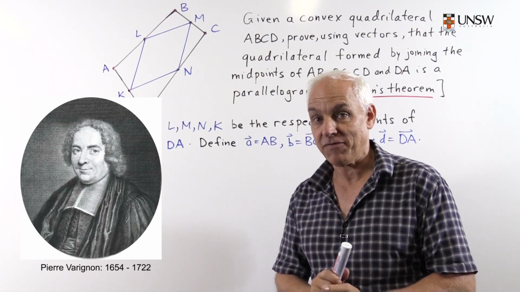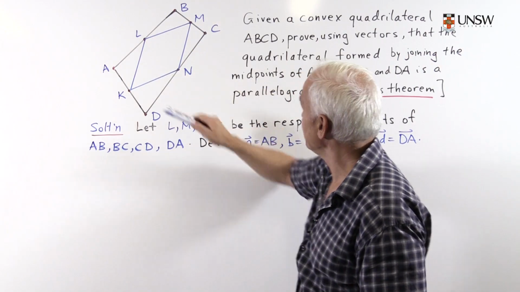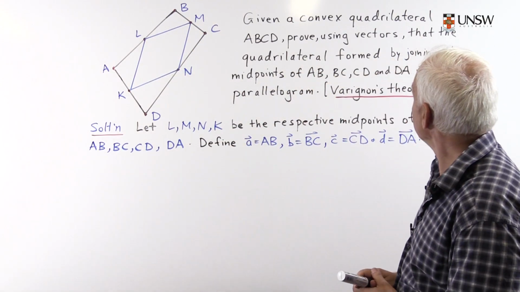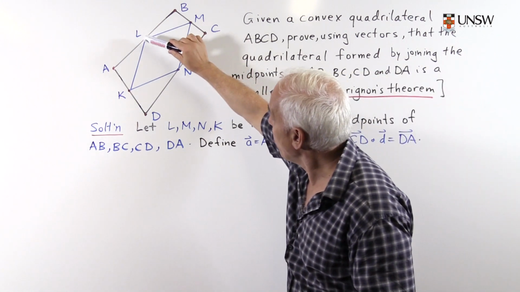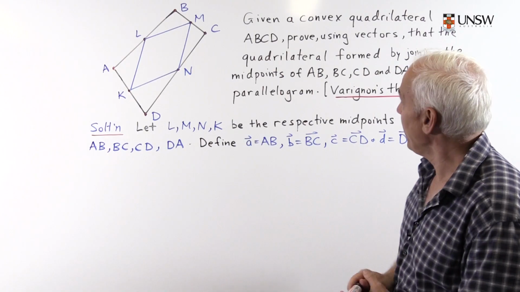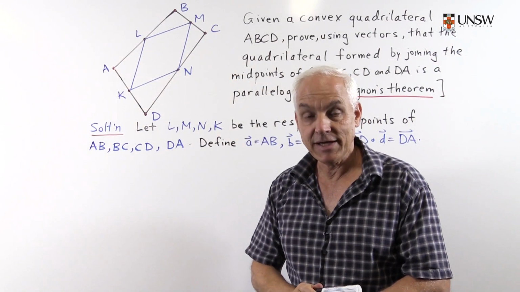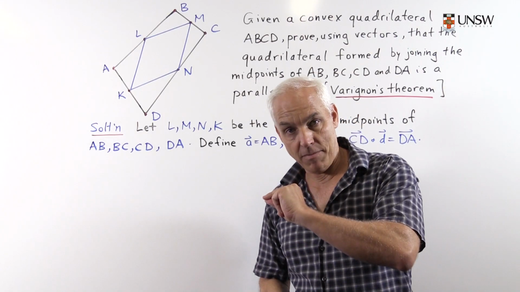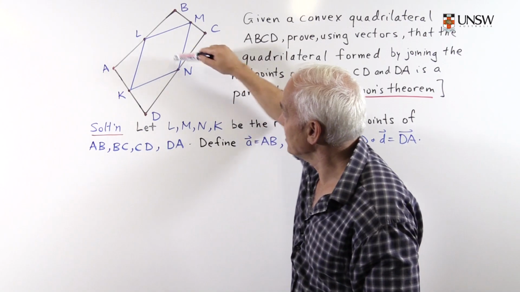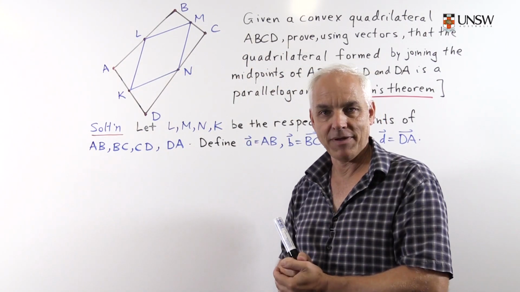He discovered the following interesting fact: that if ABCD is a convex quadrilateral, and you look at the midpoints of the four sides, then the quadrilateral formed by those four midpoints is in fact a parallelogram, which means that the opposite sides are both parallel and have the same lengths.